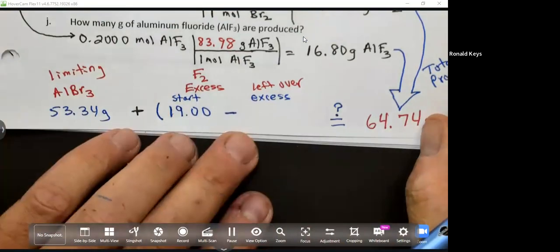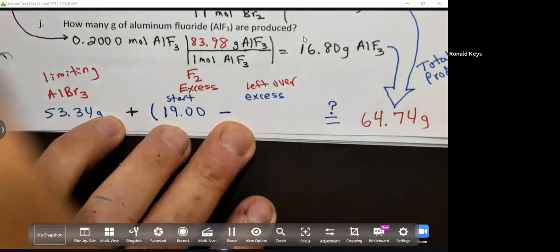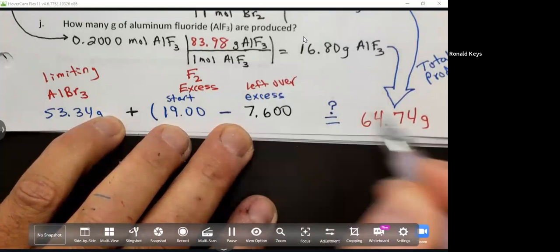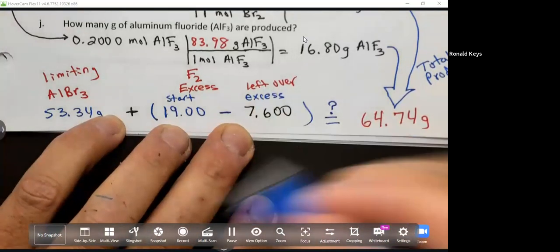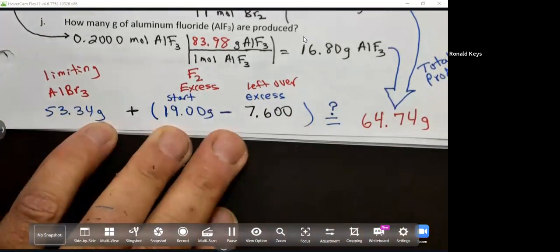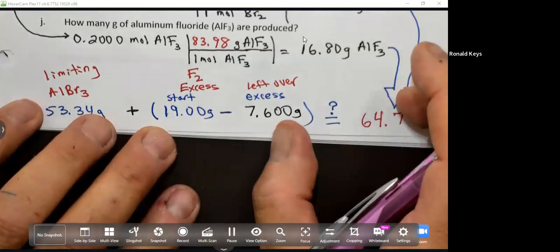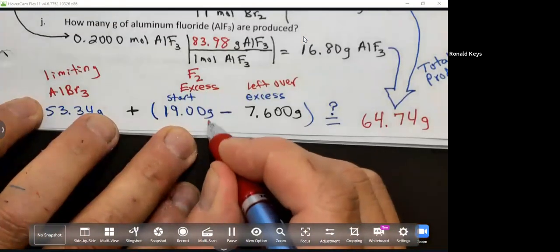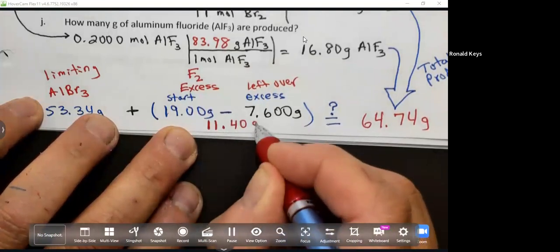We calculated what? 7.600 grams, yes? Jeez, I need to put grams in all of this. That means if I take 19 minus 7.6, the amount that reacted was 11.40 grams.